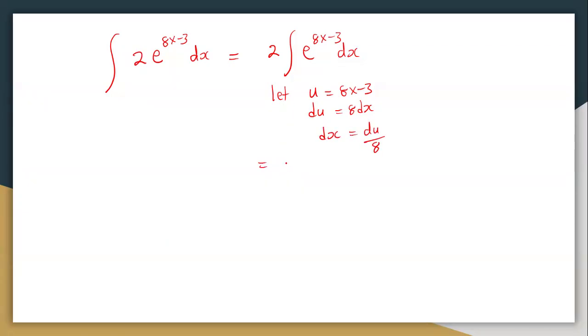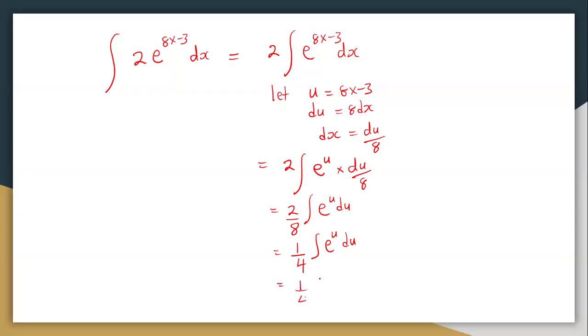So I substitute back, I'll have my 2 integral of e^u times the dx, which is the du out of 8. So this will give us 2 out of 8 integral of e^u du. When I reduce here, I'll have 1 out of 4 integral of e^u du. But the integral of e^u du is the same as e^u plus a constant.